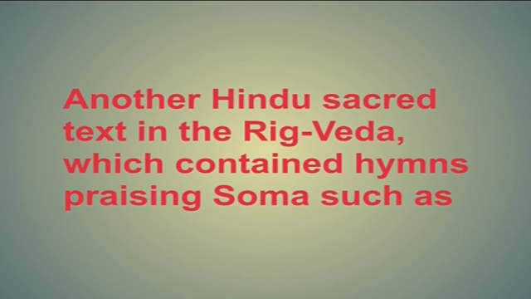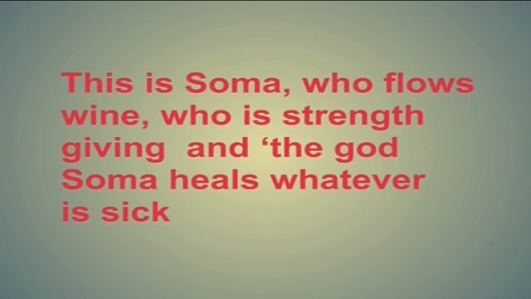Another Hindu sacred text, the Rig Veda, contained hymns praising Soma, such as "This is Soma, who flows wine, who is strength giving, and the god Soma heals whatever is sick, makes the blind see and the lame walk."